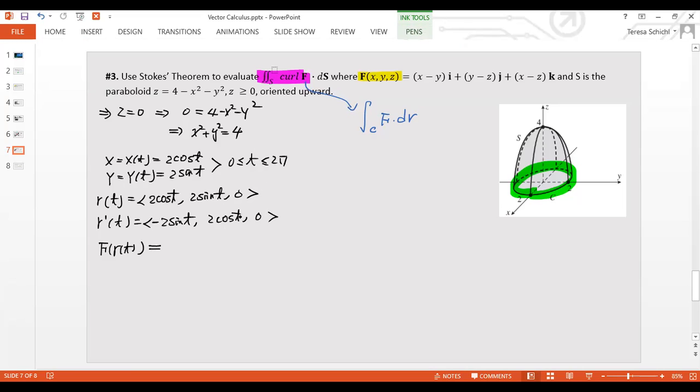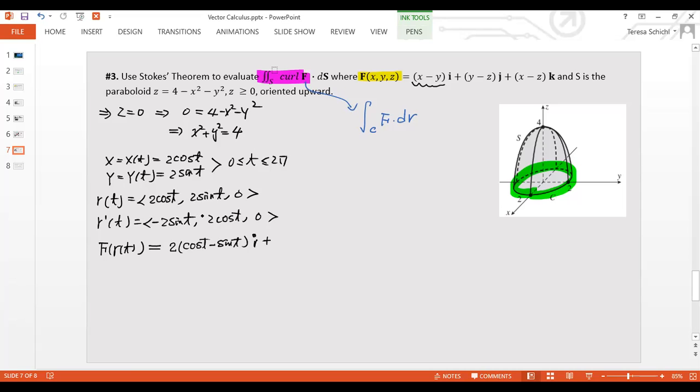So now you put in F of r(t). You plug in x minus y here. So x minus y is 2 cosine t minus 2 sine t, so it's 2 times cosine t minus sine t. This will be your i component.